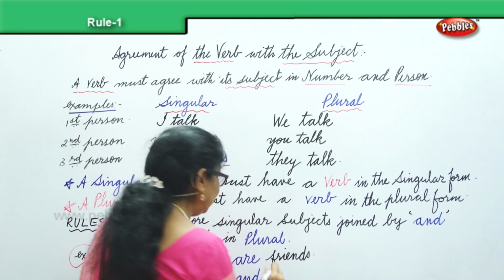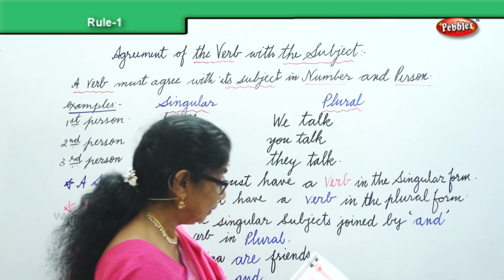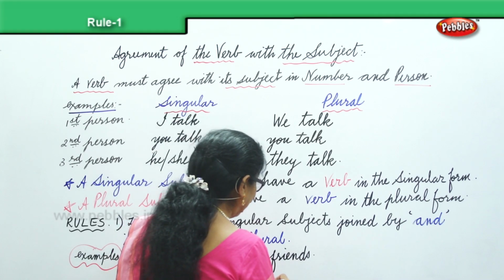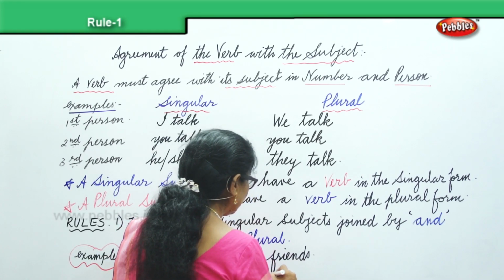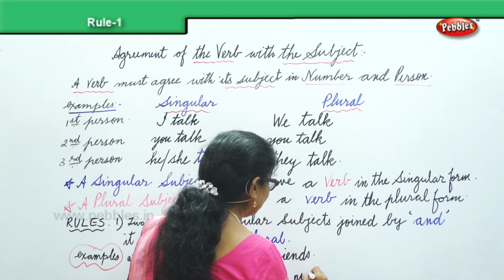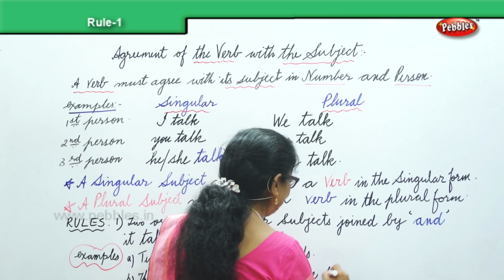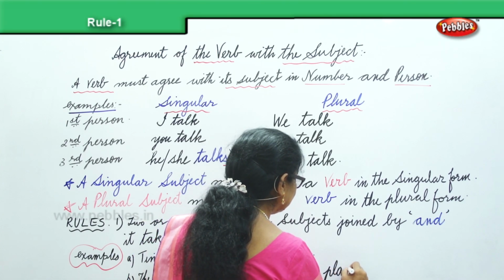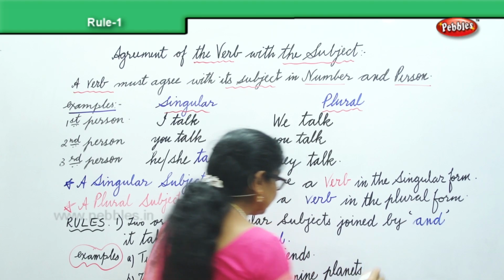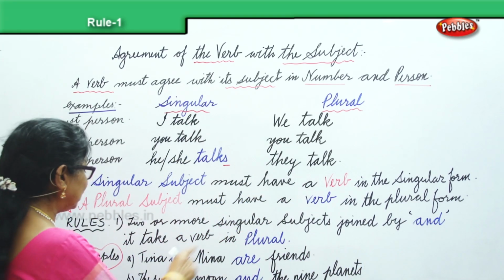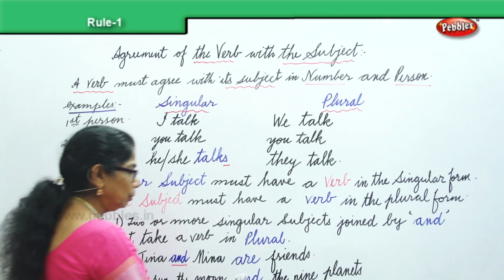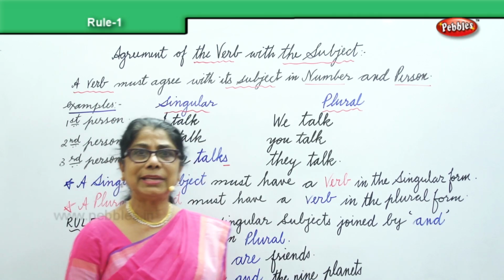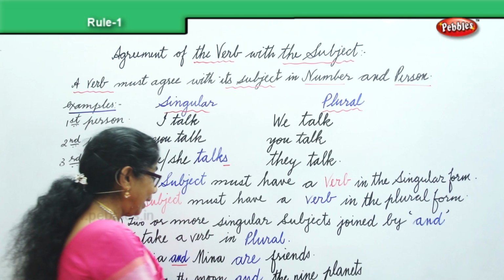Here, the sun, the moon, 9 planets are all singular subjects joined by and.